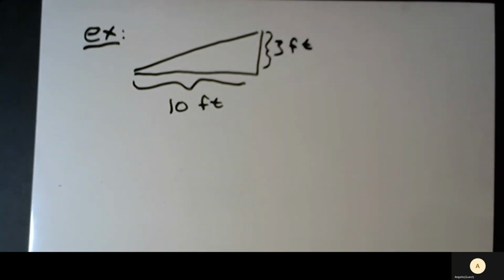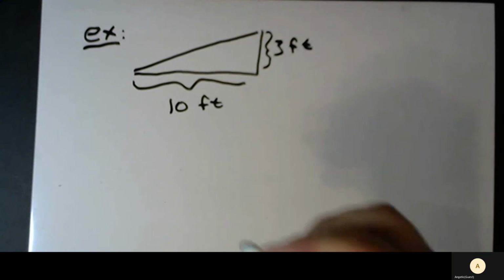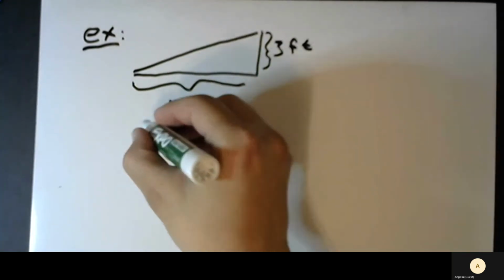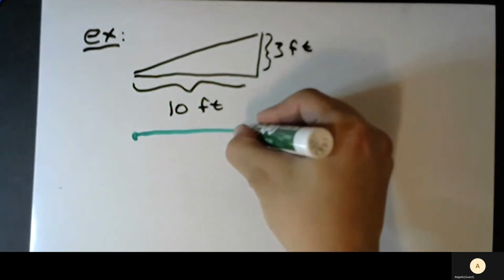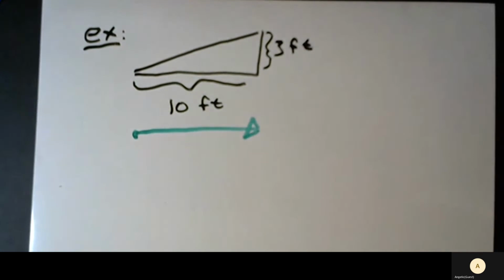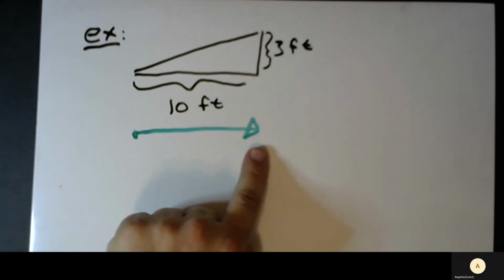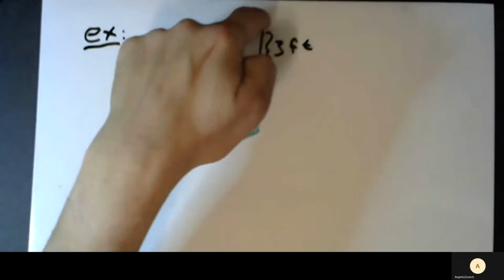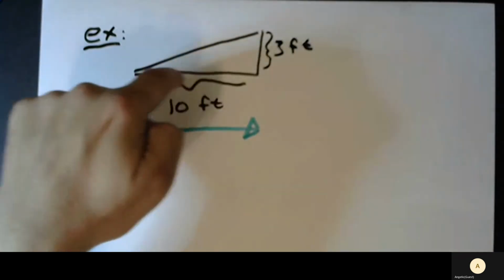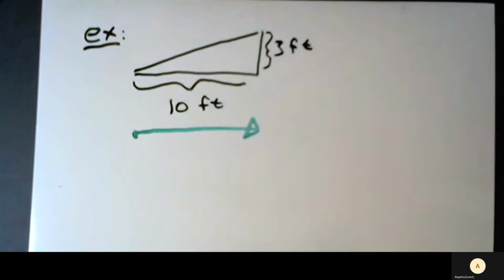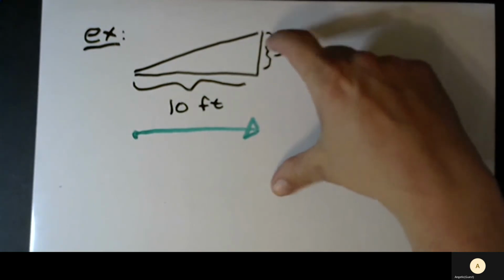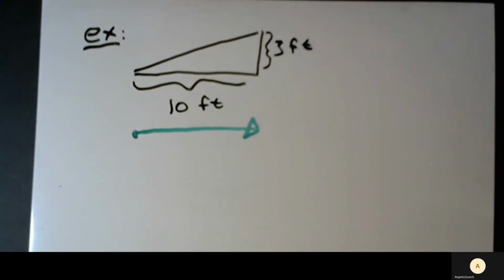The key thing here, when we talk about rise and run, is we're always thinking of going from left to right. So as we go up this ramp, we're going to travel horizontally 10 feet, but we're going to rise up vertically 3 feet.